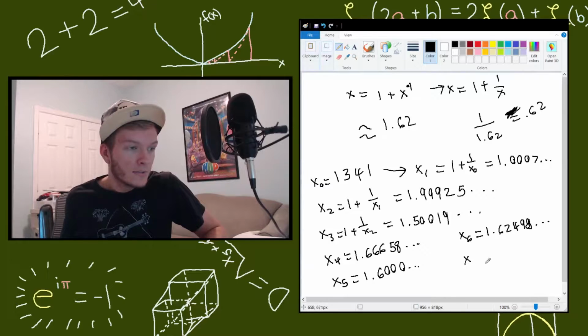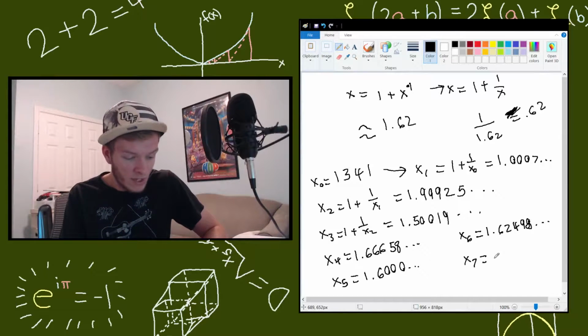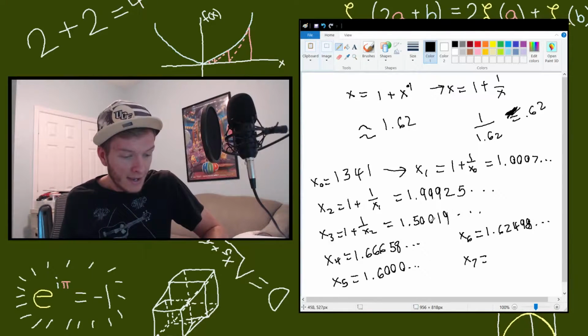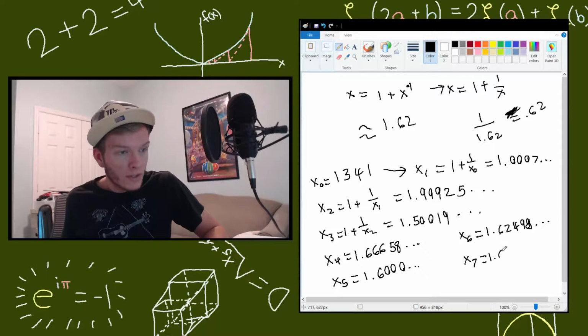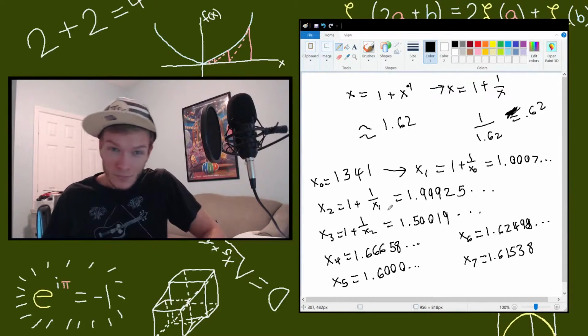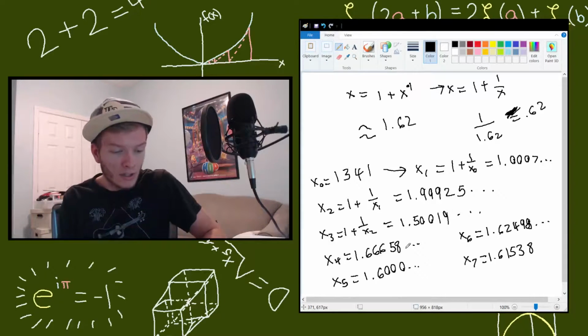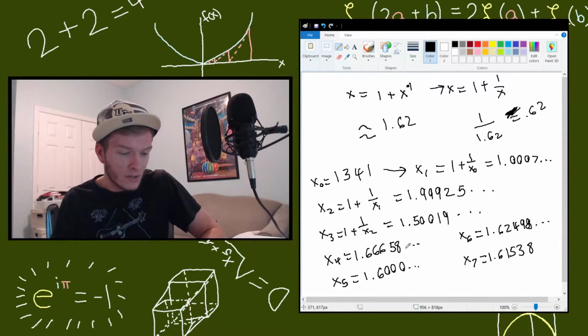And then we'll have our x7 to be 1 plus that to the negative 1, and we are already at 1.61538. And you can see we're pretty close. I'll do one more just to have a nice even number.